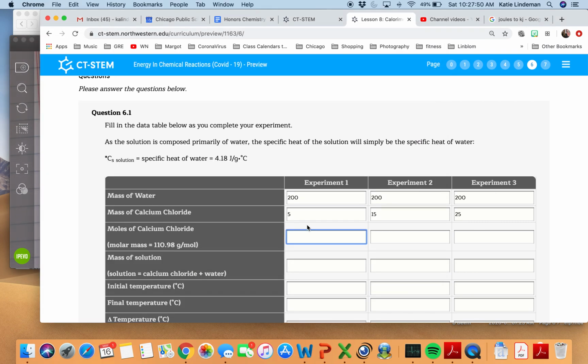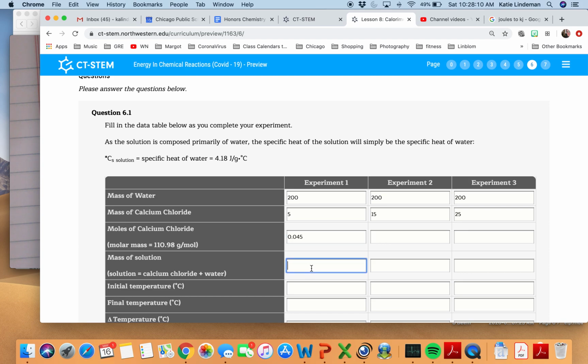So then I can type this in. 0.045. You want to make sure you have at least 2 non-zero numbers. So I'm not going to round this to the 100th in this situation, because if I did, I would only have 1 non-zero number. Okay.